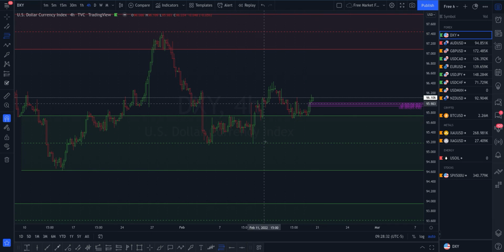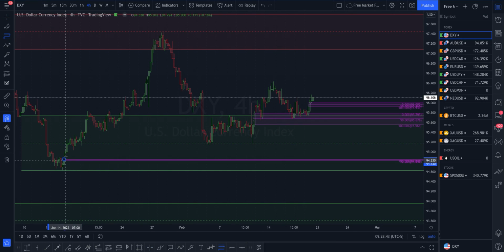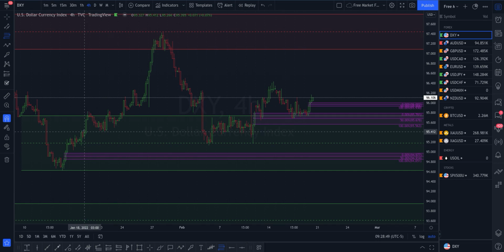Where else do we see imbalance? We see imbalance here, which 50% has been filled. Taking a look over here, we do see imbalance here in this institutional demand zone. This imbalance has been filled.